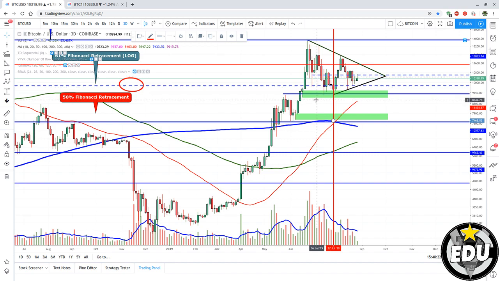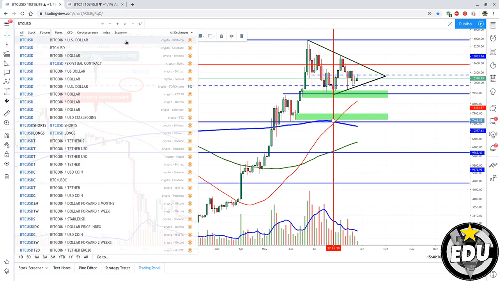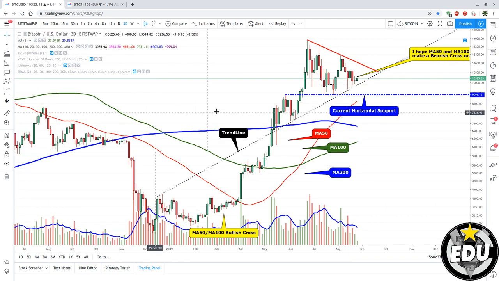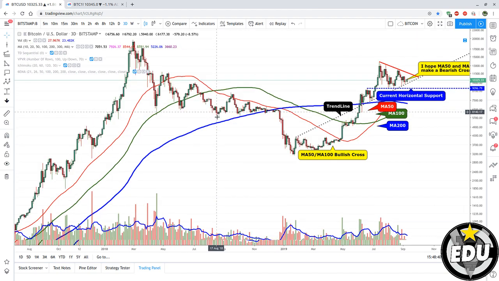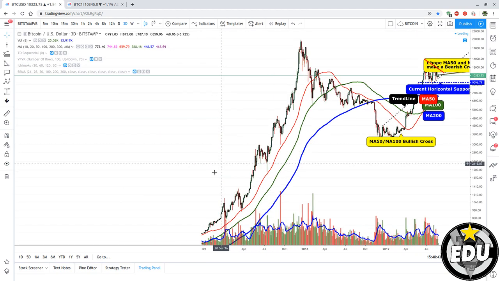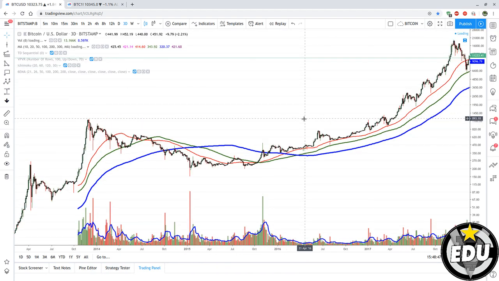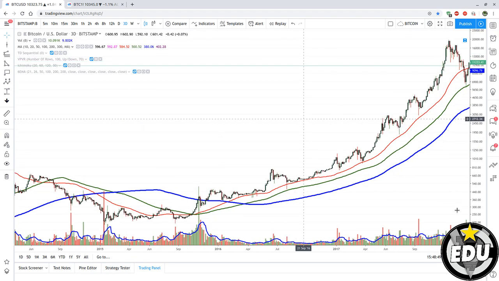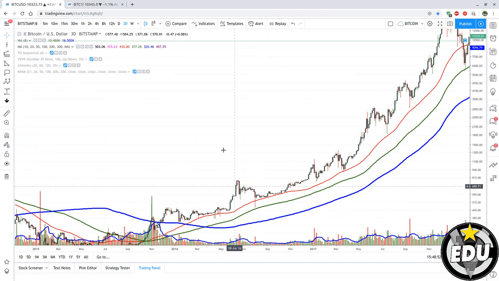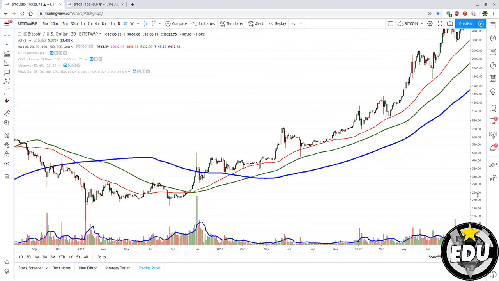If you guys go check the past, 2015, 2014, this bullish cross on the 3-day time frame I think caused some spike. This is on the 3-day time frame, so we have to go look at Bitstamp. Let's see what happened in 2016.